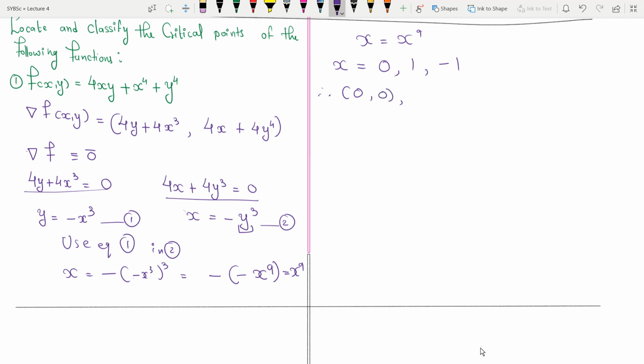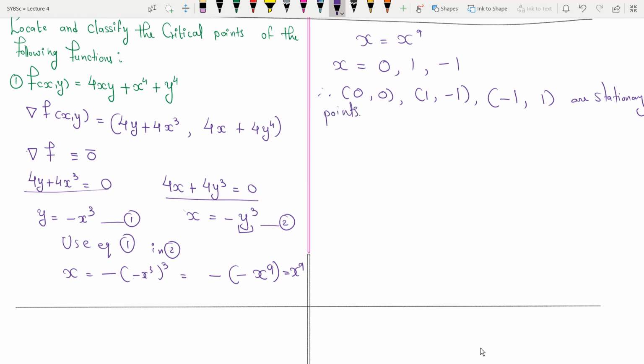When x is 1, from equation 1 y is minus 1. If x is minus 1, then by equation 1 y will be 1. So these 3 are the points where my gradient is 0, which means these 3 are stationary points. These are nothing but critical points, which I also call stationary points.